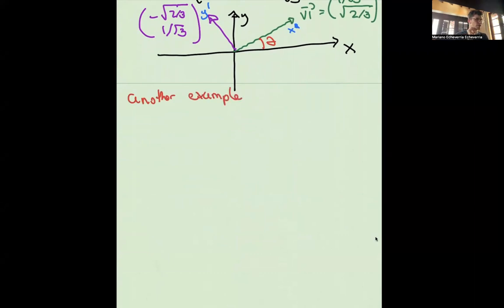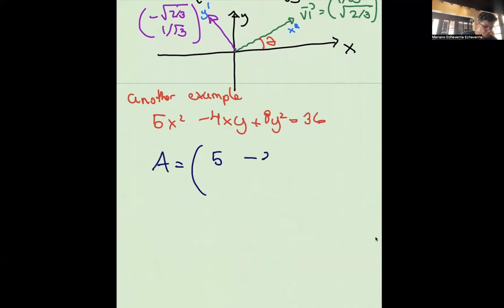Well, in fact, I'll do it with slightly, well, let's give it like this. Okay. So let's say now I had given you this equation, plus 8y squared equals 36. So the matrix in this case is 5 minus 2 minus 2, 8.